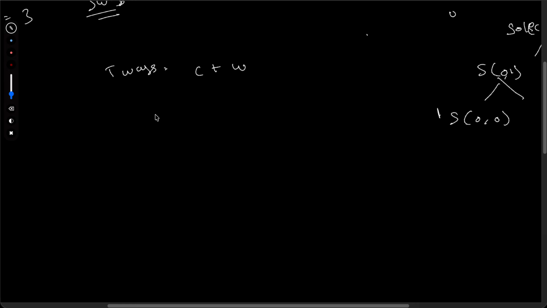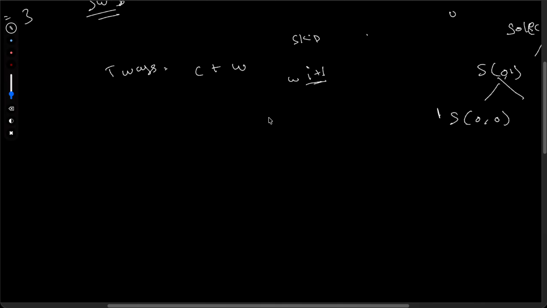So see, in the skip case, what have we done? Ways if we skip the current coin, so why have we used i plus 1? We move to the next coin, amount stays the same.